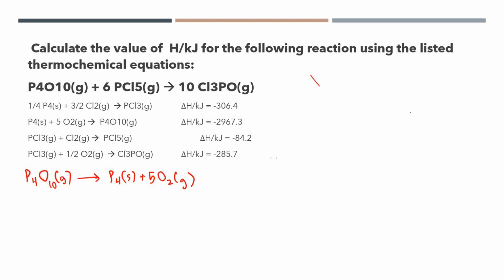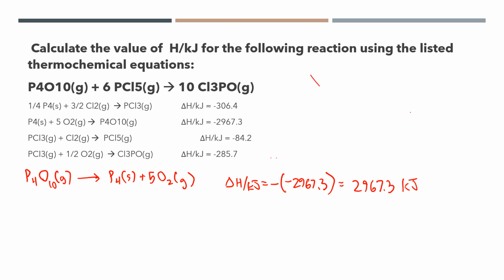And let's write out what that change in enthalpy would be. We have to times that by negative because we flipped it. So negative times negative is going to be a positive. That's going to get us 2967.3. So not kilojoules.